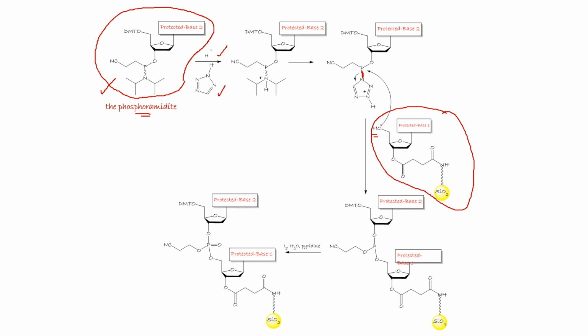So the lone pair of the oxygen will attack the phosphorus and kick the tetrazole out to form the phosphite triester, where the phosphorus is trivalent. Then we oxidize the P3 to P5 using iodine in water and pyridine mixture.